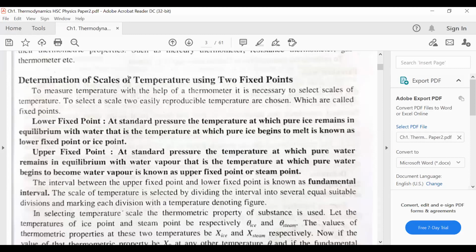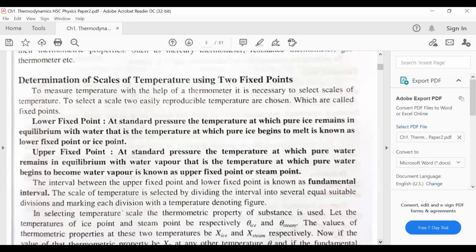And what is upper fixed point? At standard pressure, the temperature at which pure water begins to become water vapor. So these are the two fixed points which are required when we are determining the scale of temperature.